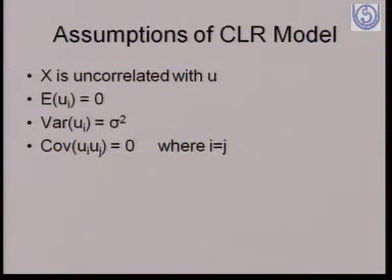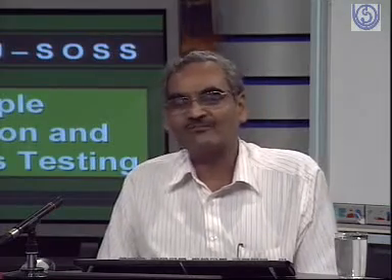Say, the fifth error term is not related to the fourth or to the sixth. They are independent of one another. If all these assumptions are satisfied, we can say that our error terms are independent and identically distributed random variables.